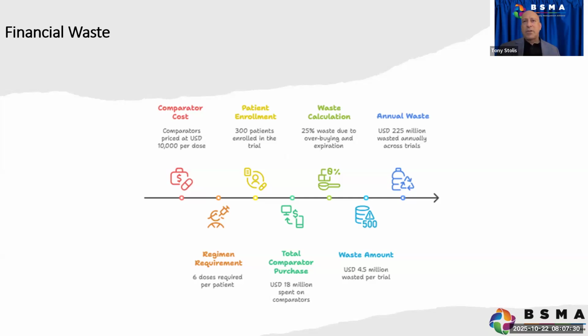And a lot of these drugs are related to oncology, immunology, extremely high dosage costs. You're seeing some of this information, I believe, right now. So it's pretty average for a large biopharmaceutical company to be carrying at any point in time $1 billion worth of inventory of comparators, just comparators.